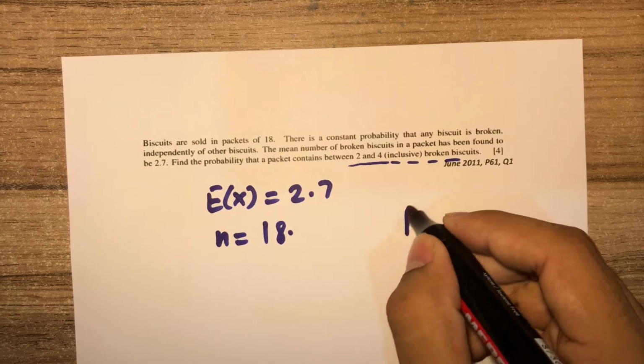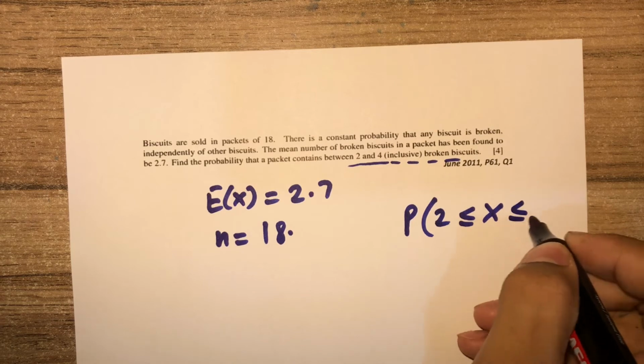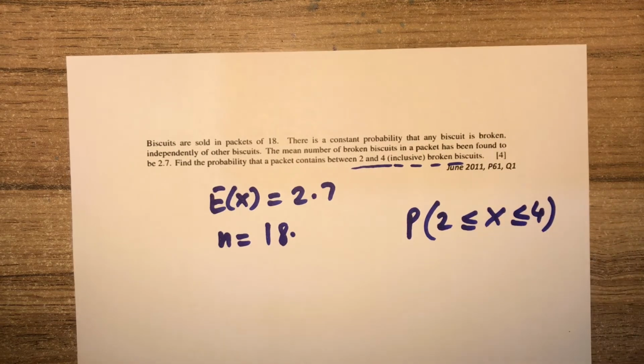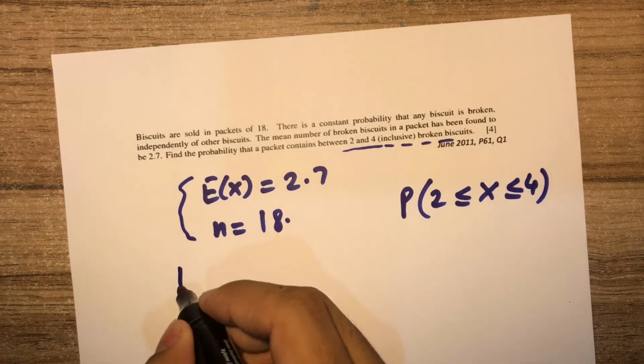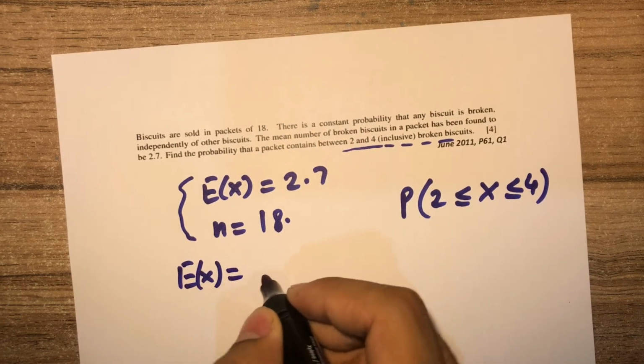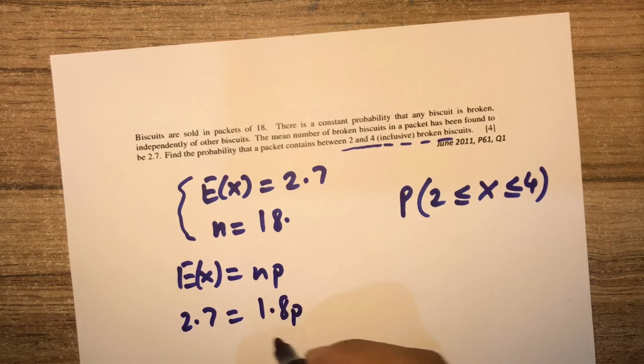So we have to find the probability of X being greater than or equal to 2 but less than or equal to 4. First I'll use these to find the probability of success. So expected value equals np, 2.7 equals 18p.